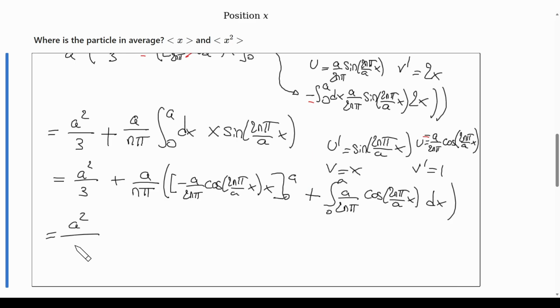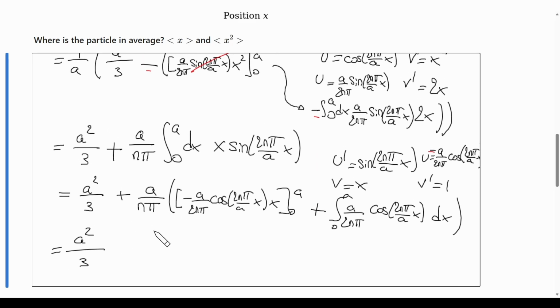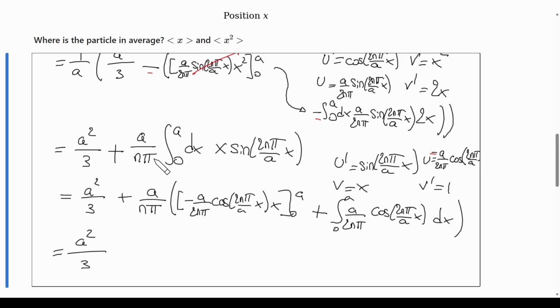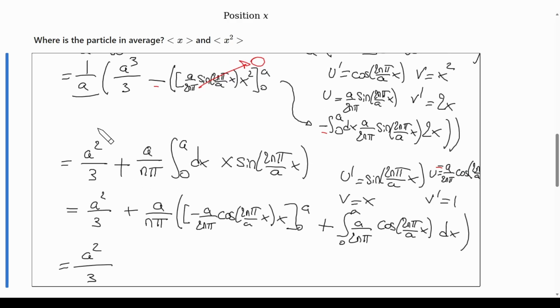A squared over 3, and there is a 1 over a missing from there. There should have been 1 over a here and here as well.